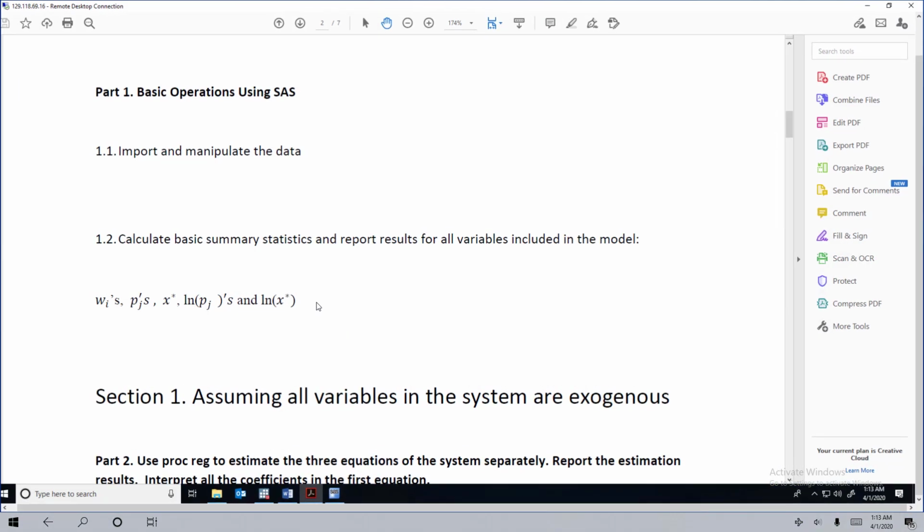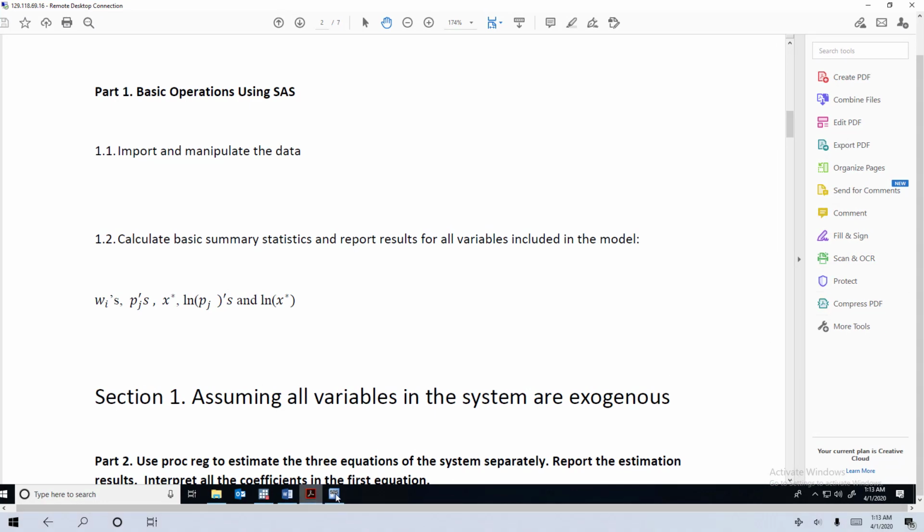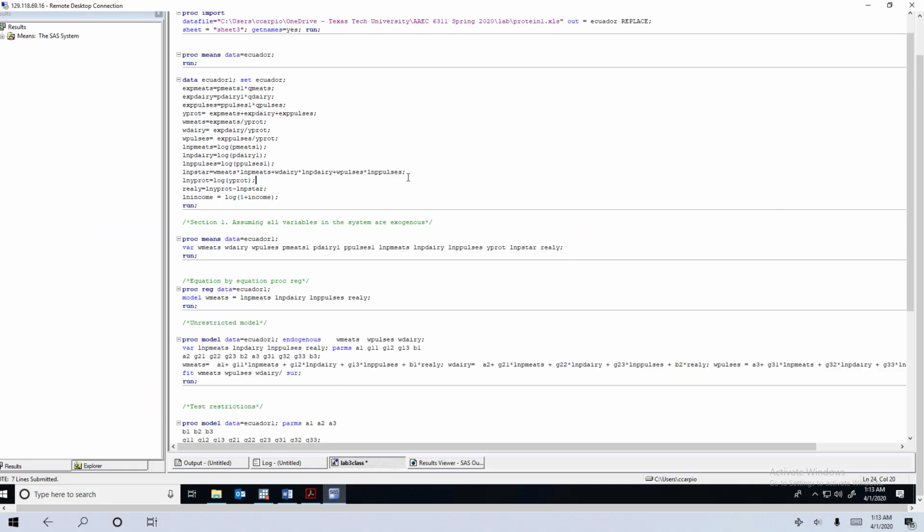Let me go back to the program. So that's what I'm calculating here. I have the log of total expenditures. So basically what we have here is real Y, real expenditure. So what I'm doing, I have the log of total proteins minus the log of the price index.